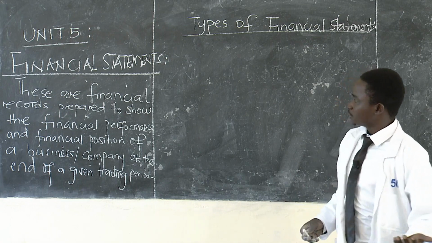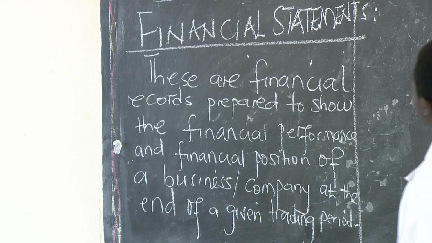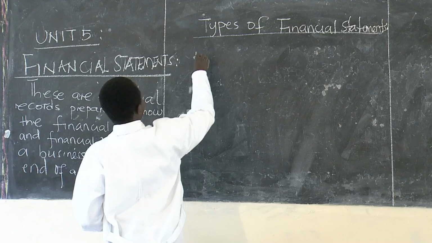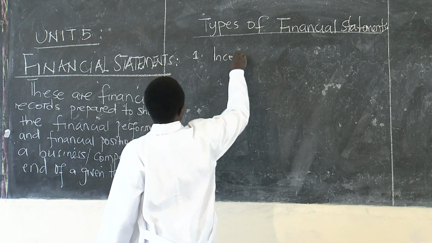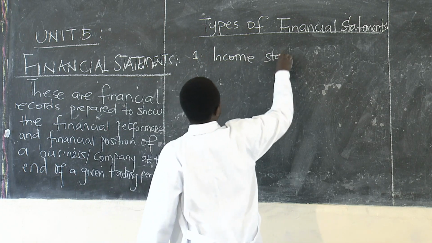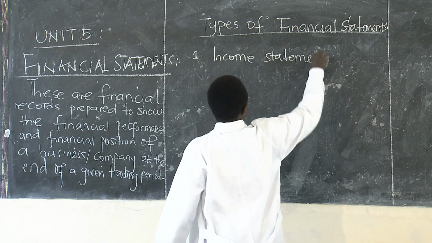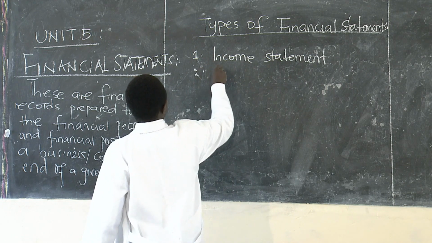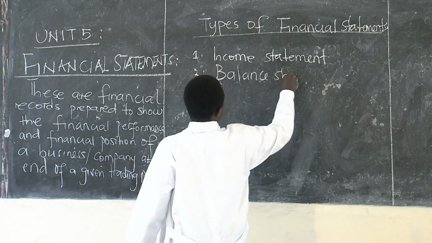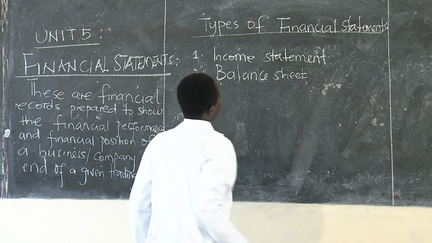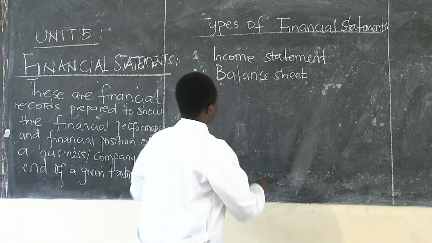Under financial statements, we have type number 1, the income statement. We shall look at the balance sheet, or statement of financial position.